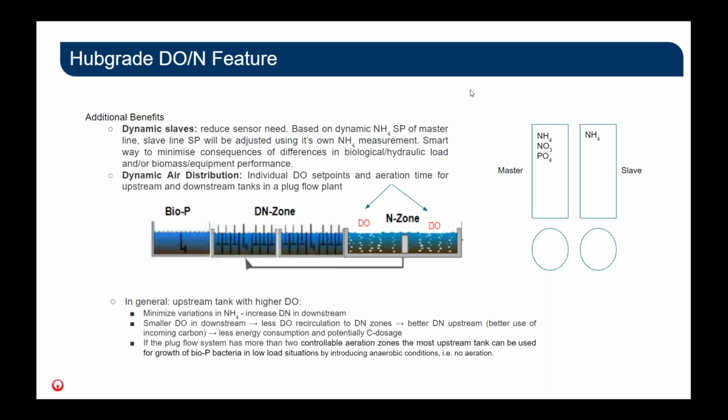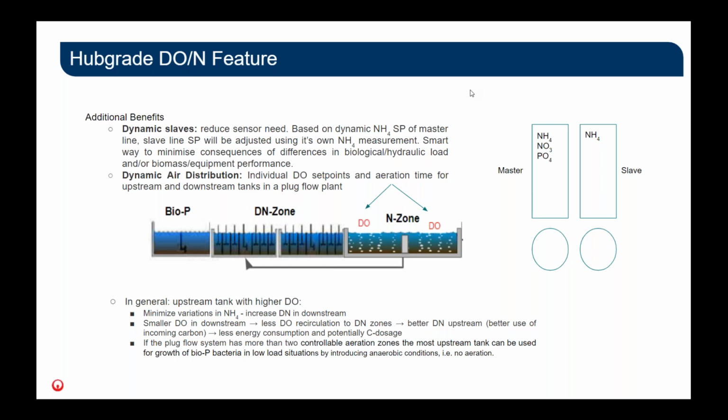Some of these facilities you might go into have multiple trains, especially larger facilities. More often than not, although understand it's never perfect, there's usually a fairly equal parallel split of flows and loads, and for the most part the same equipment in the different trains.